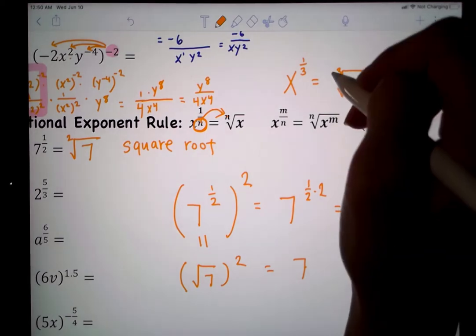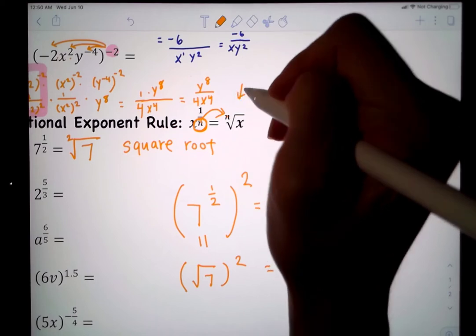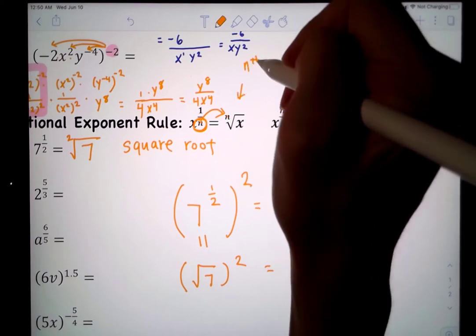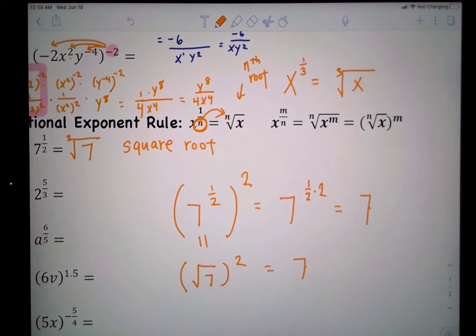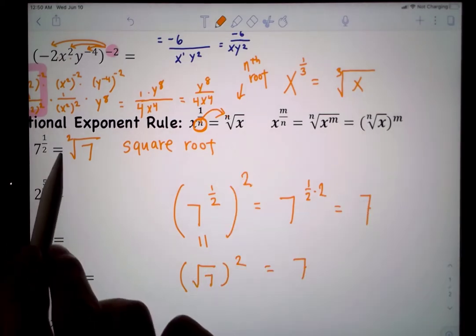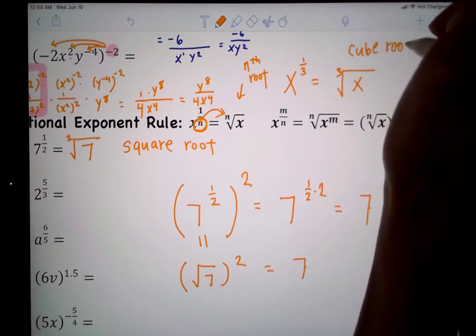So you get the cube root of x. Cube root of x. Okay? And for that one, we read it like this: n-th root. That's cube root, square root. Okay?